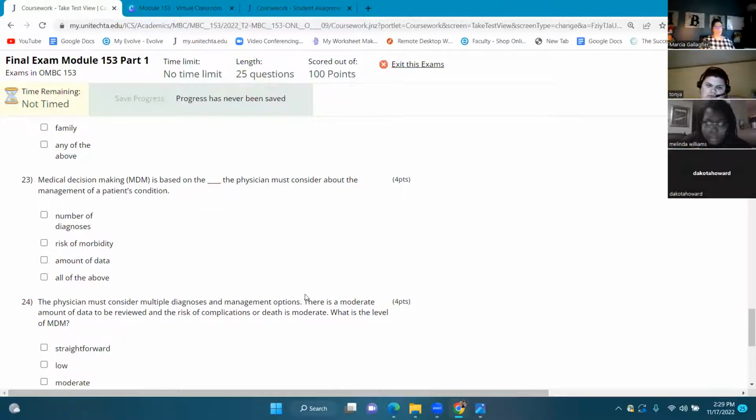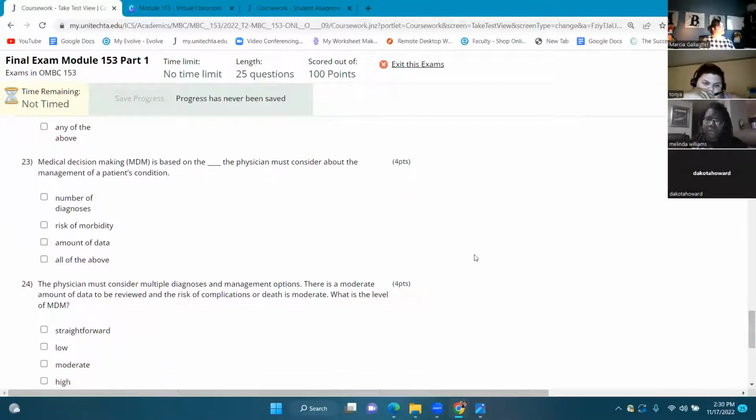Medical decision making means, how are we going to treat this? The sicker the patient is, the more diagnoses they're going to have. The risk of death and amount of data. So a lot of history, a lot of medical records. All of that has to do with medical decision making.